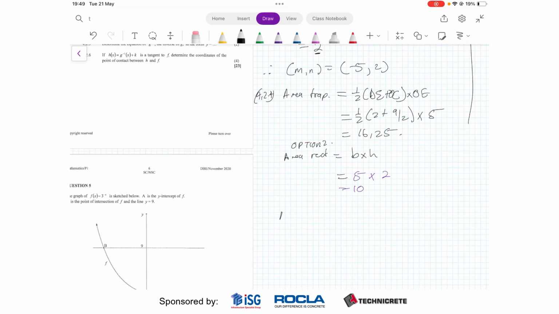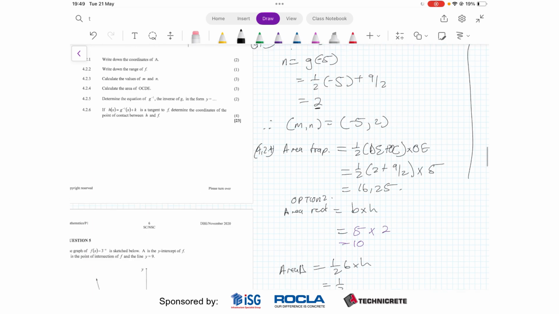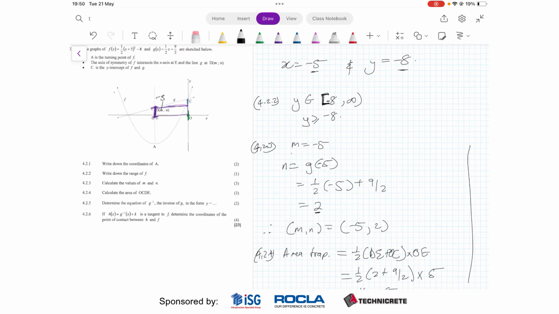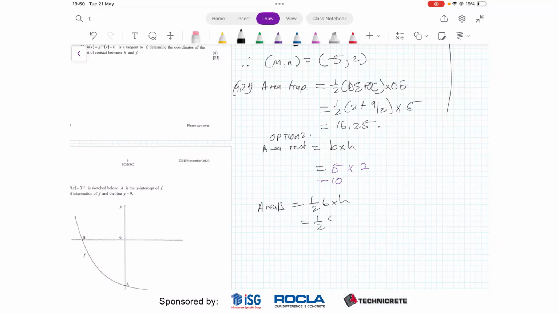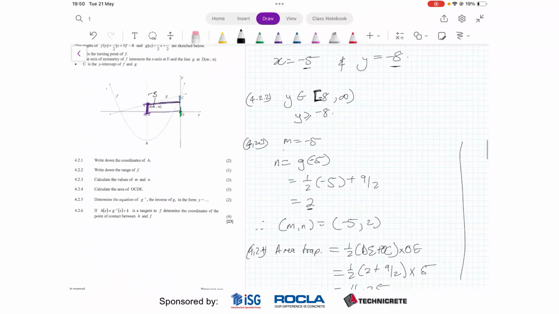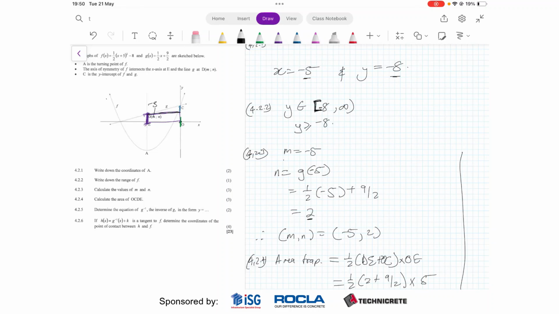And going on to the area of the triangle, which is equal to half the base times the height. Our triangle has a base equal to the base of our rectangle, which we've established is 5, multiplied by the height of the triangle. The height of the triangle will be the distance from this point right here up to that point right there.